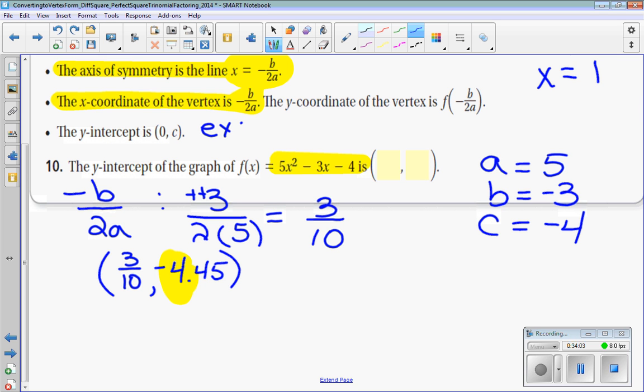Now this one had some fractions in it and was a little kind of awkward, no big thing. I'd like to look at one maybe that didn't have fractions, okay? And let's look at one where maybe it's not quite so ugly. Let me see if I can find one here. So let's try this one, okay?